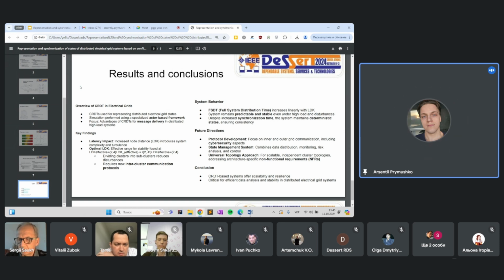Additionally, it is worth noting that under efficient coefficients, the system responded smoothly and predictably. So in general, we observed that the system behaved predictably and consistency was maintained after the disturbance.